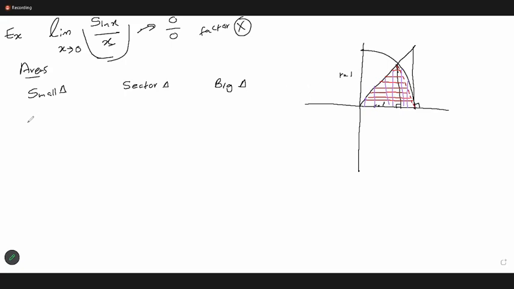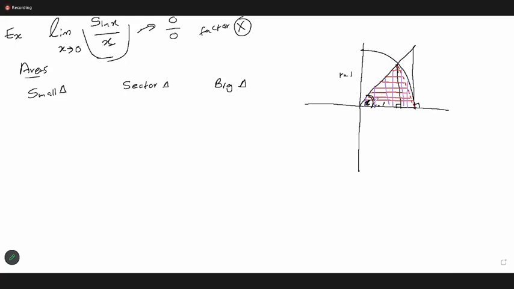Now I'm going to consider area, so I need to know these lengths to find the areas of these triangles and the sector. So let's try to do this. I will consider the angle of this line, and note it down as x. This is x.